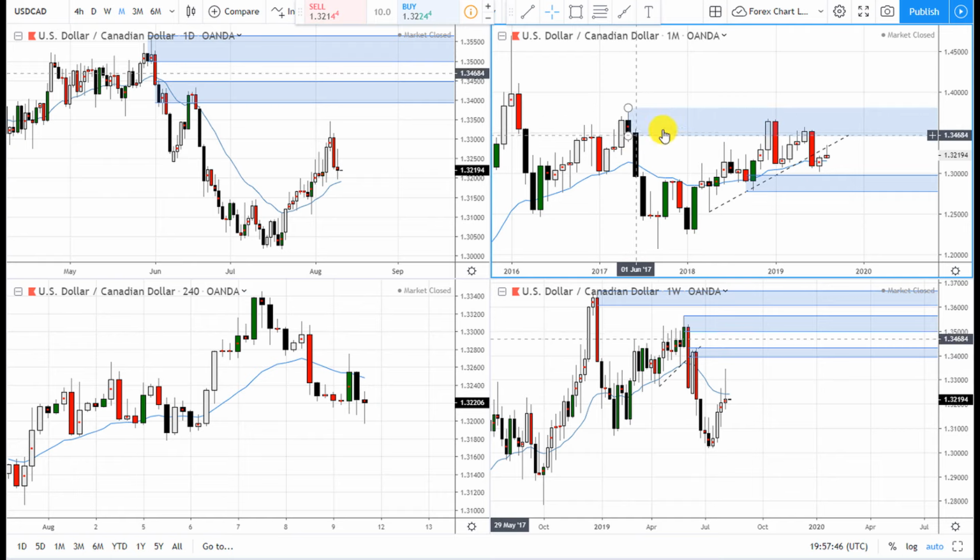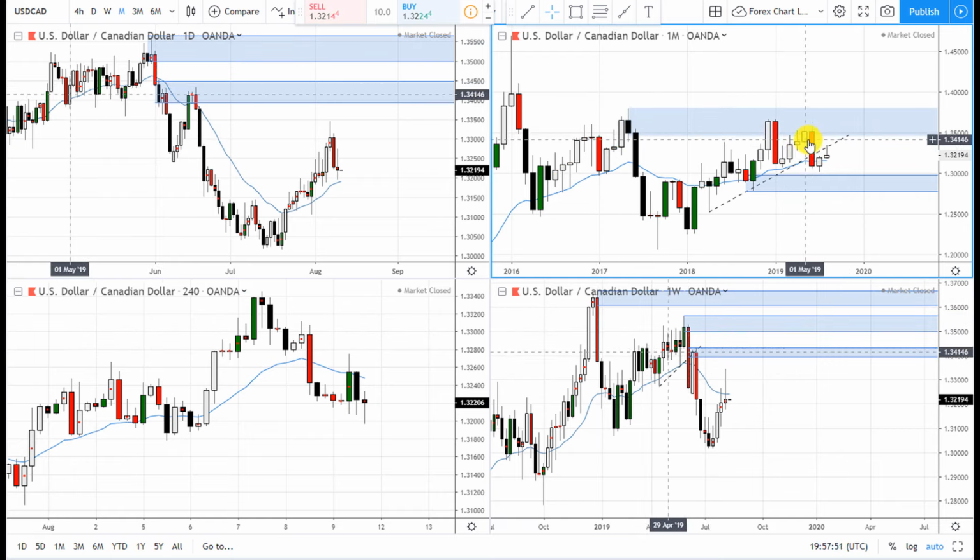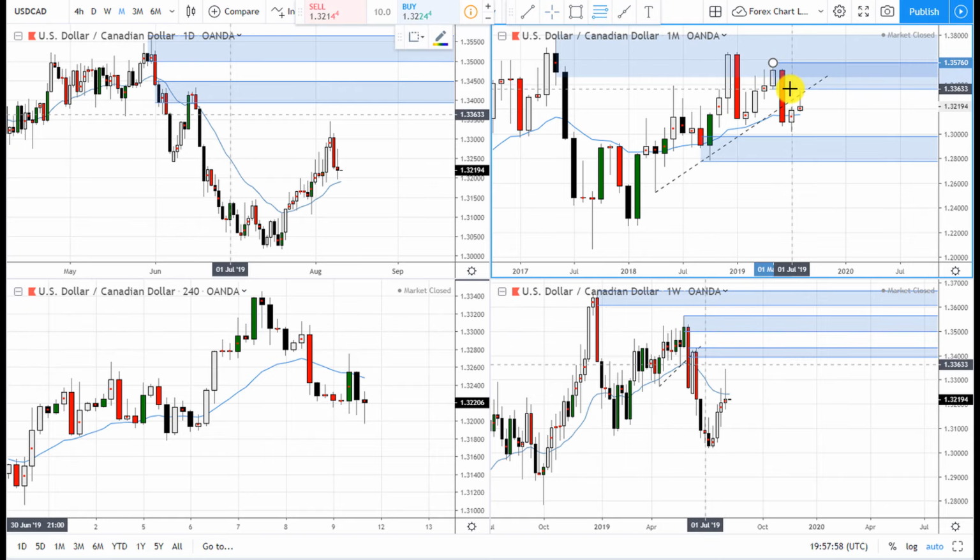We have a supply zone up here that is tested 1 time, 2 times, 3 times. And it is so strong that it also created another area of supply right here.